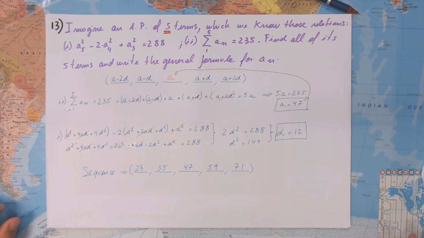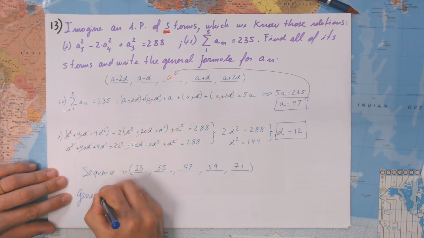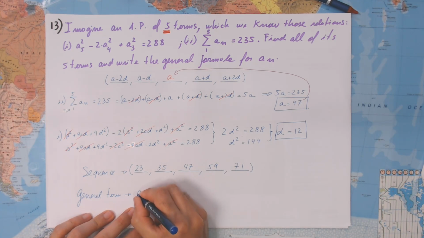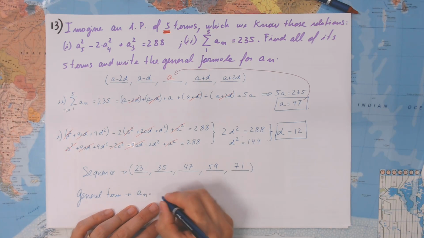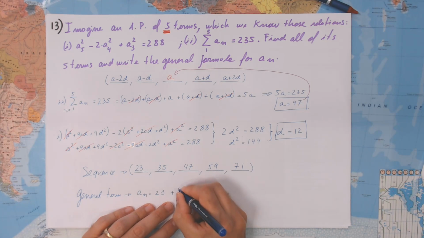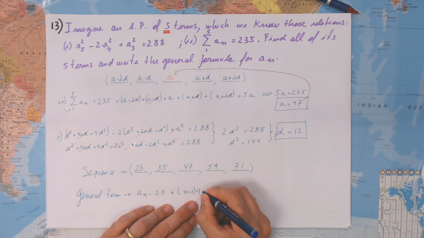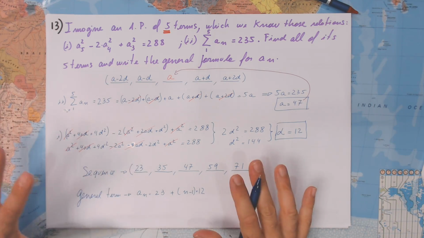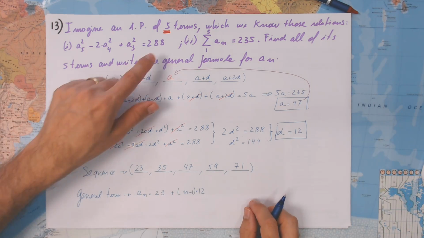So this is our sequence, and the general term is going to be like an. What is the first term? This is going to be 23 plus n minus 1 multiplied by 12. But look, it's not a sequence with infinite terms. It is a finite sequence with 5 terms.